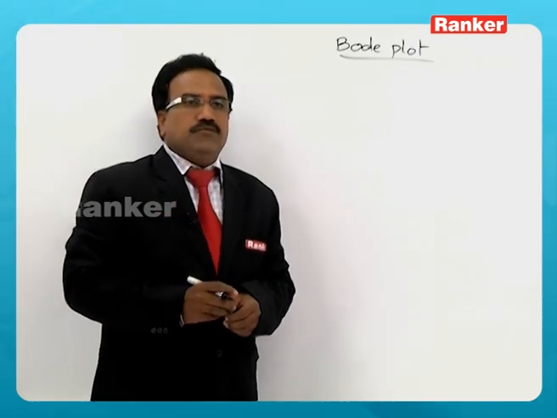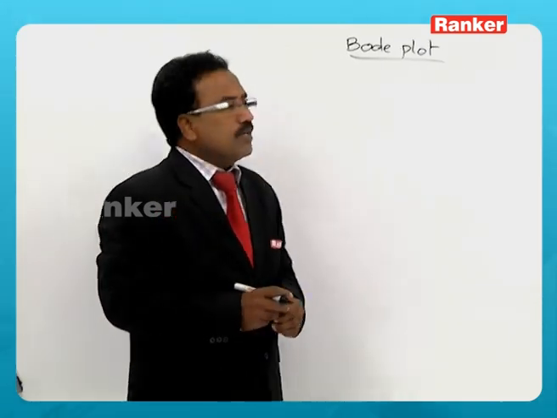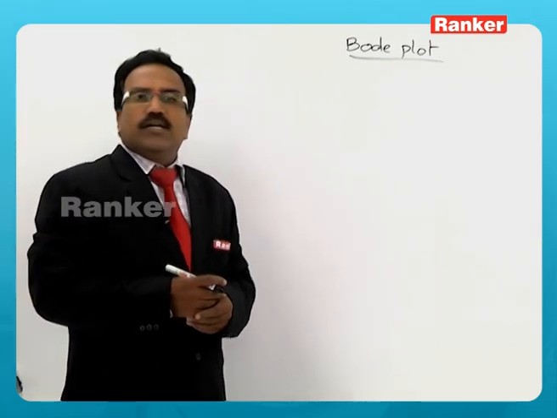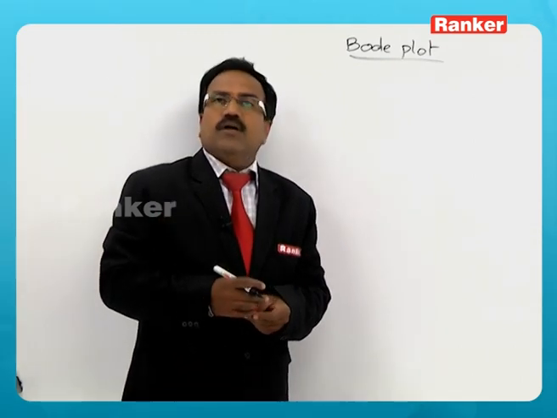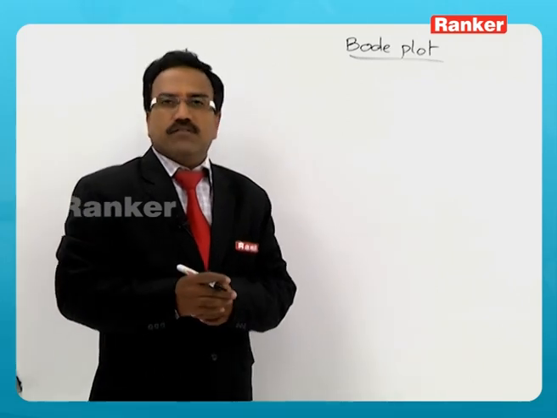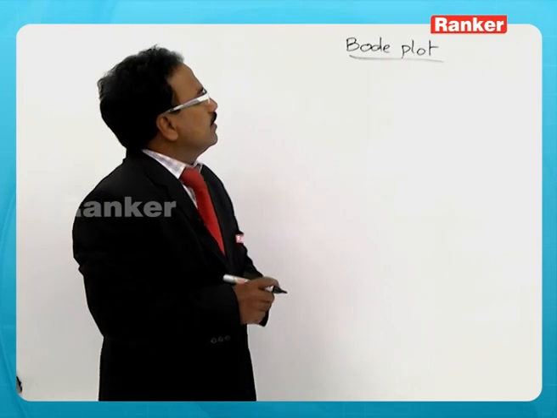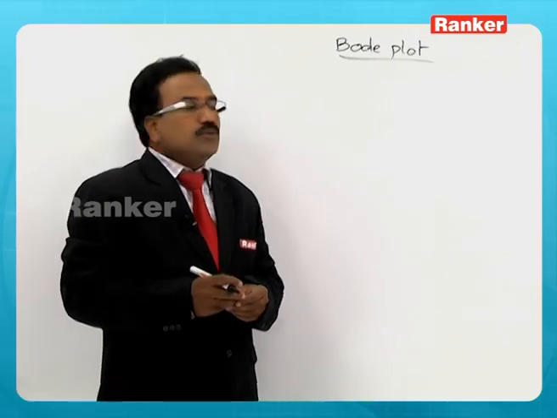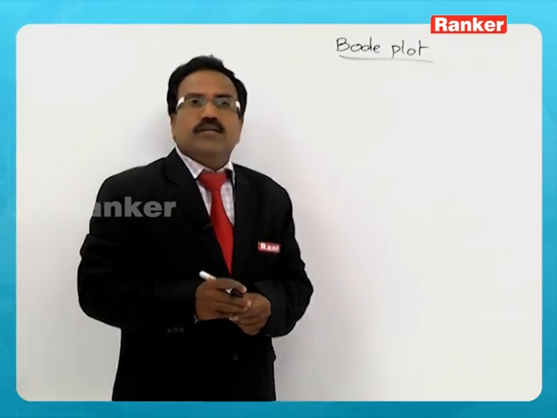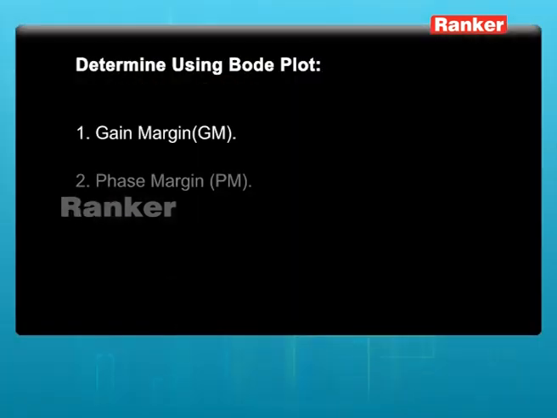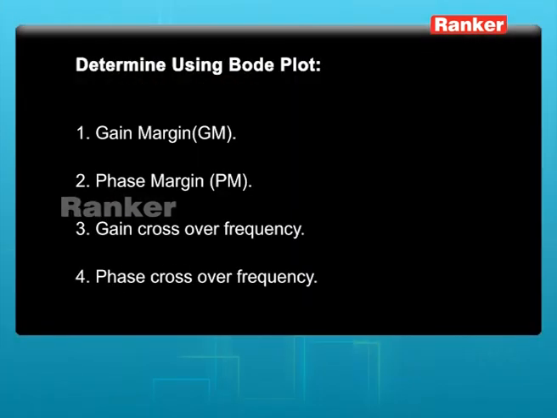The main advantage of the Bode plot is that the magnitude plot and phase angle plot are drawn for the same frequency on log scale. What we can determine using this Bode plot are gain margin, represented by GM, phase margin, gain crossover frequency and phase crossover frequency.